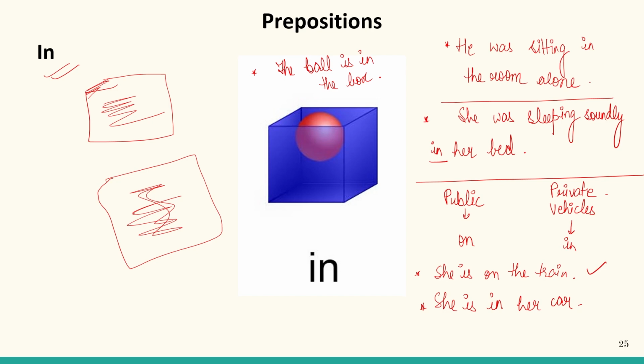If I have my own cab or I have booked a cab, that cab will work for me only for some time. There I should use in, not on. But if I'm in a sharing cab or a sharing auto, I shall use on. That I'm on an auto.